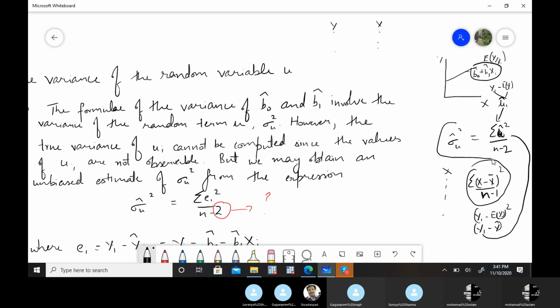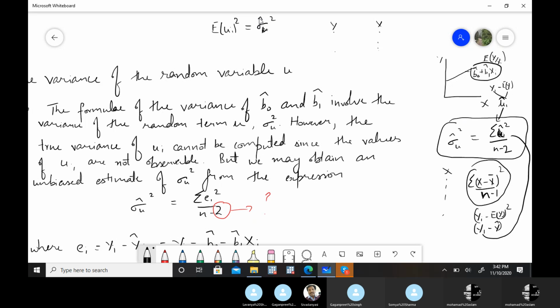So this is the variance formula, but as we have been using in many places, the expected value of residual squared is equal to a constant variance. This variance is not the variance of the sample.